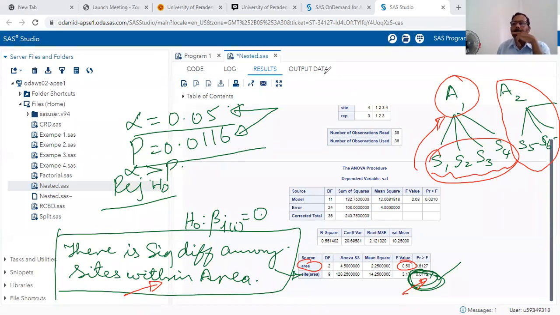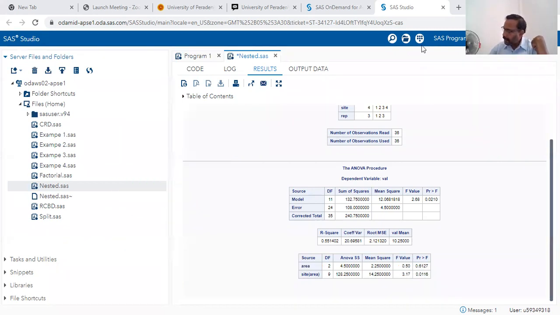No questions? Okay, so this is the first interpretation. We have already interpreted the site because it is significant. For the area, we'll have to do a slightly different calculation, so now we will go for the new calculations for the area.